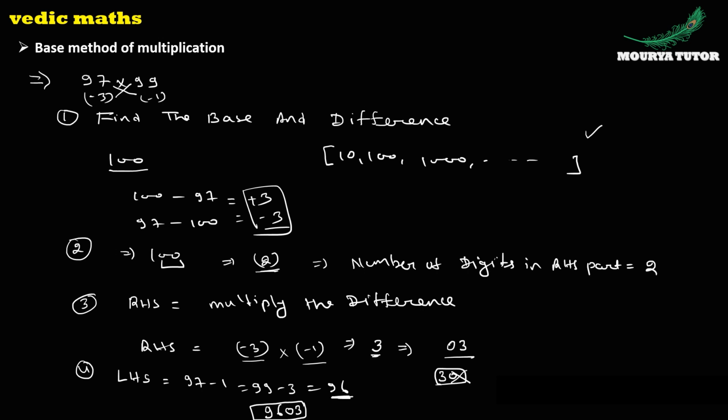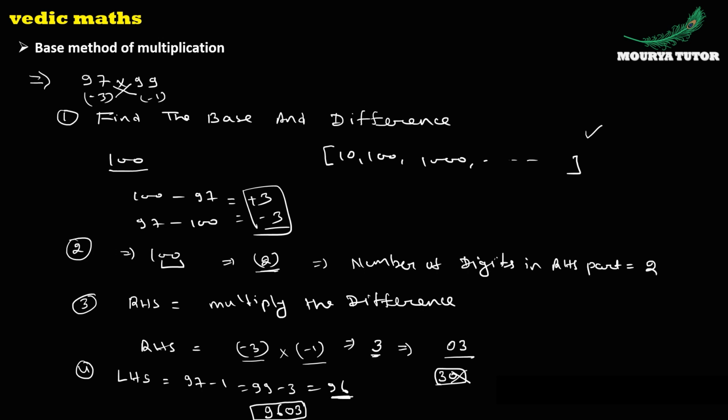That many will be the number of digits in the RHS part. The third step is to find out the RHS. You multiply the differences and check whether it matches the number of digits. If it is not, then you have to adjust by adding 0 before the number. Don't add the 0 after the number.